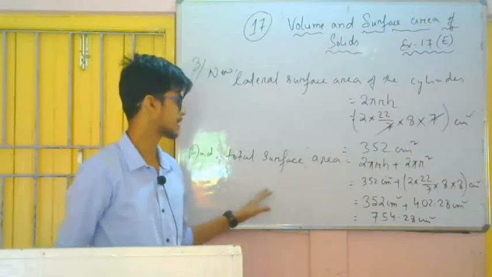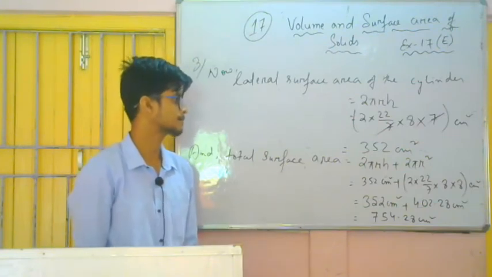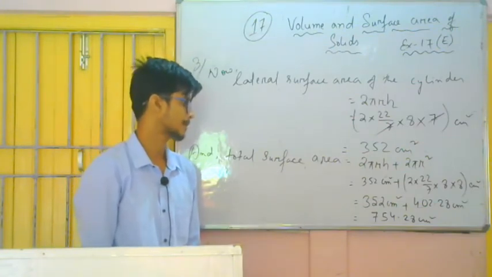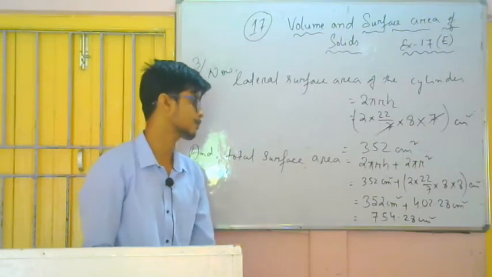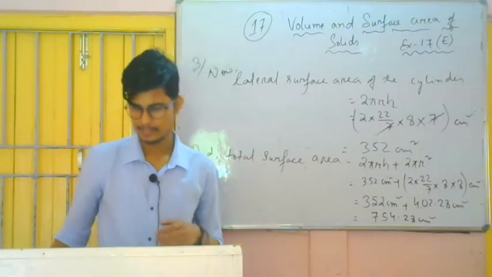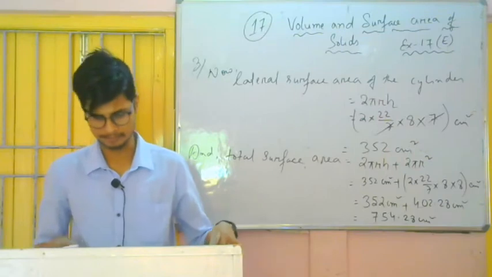This is the total surface area, 2 pi r h plus 2 pi r square, 754.28 centimeter square. So this is the required answer.